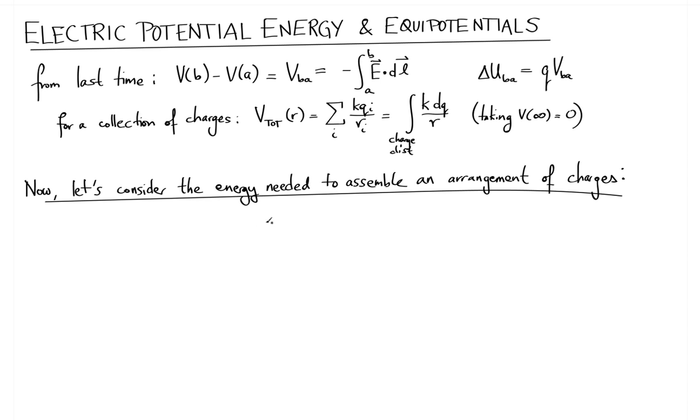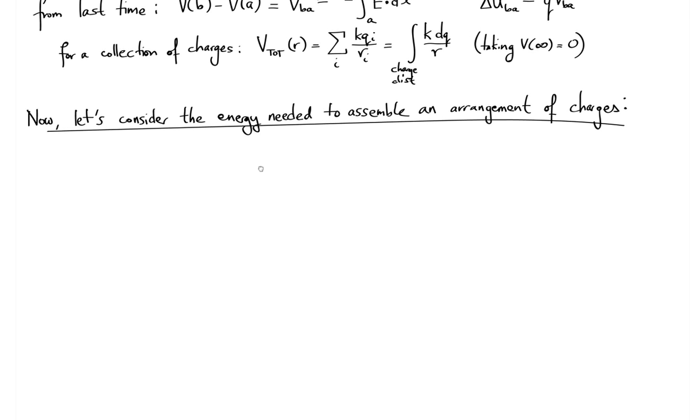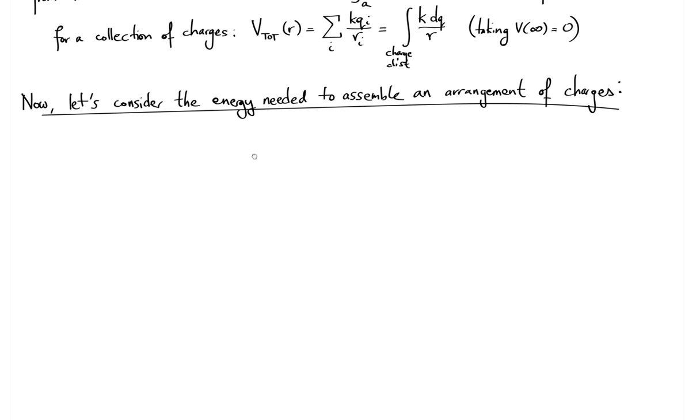All right, so based on this, I'd like to talk a little bit about how we can get the energy needed to assemble an arrangement of charges. This should be pretty straightforward. Let's imagine I'm going to start by bringing in one charge. This is the first charge we bring in, so we'll call this Q1, or charge 1. And there are no other charges around.